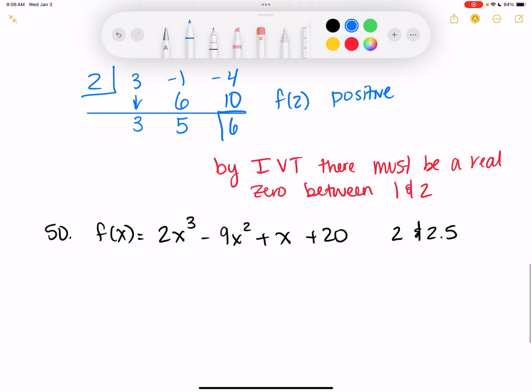So, start with 2. I've got no missing terms, so 2, -9, 1, and 20.